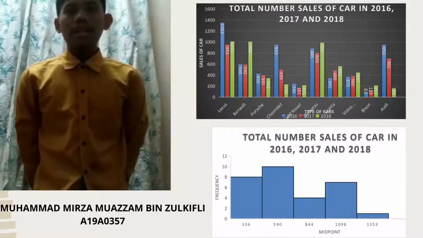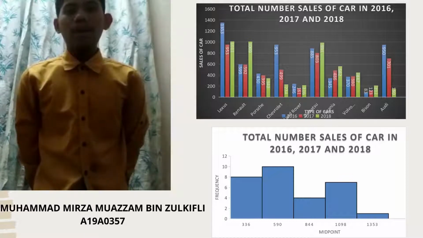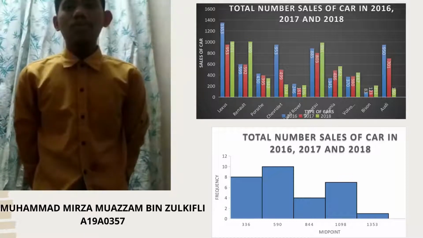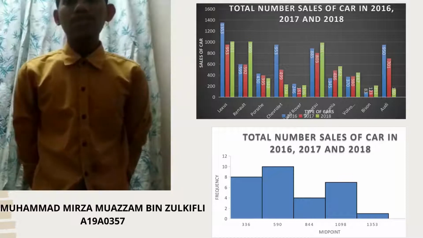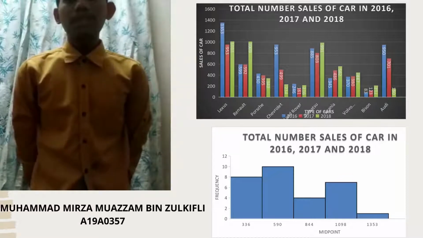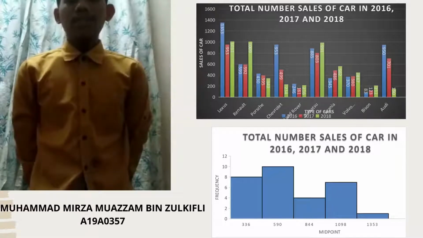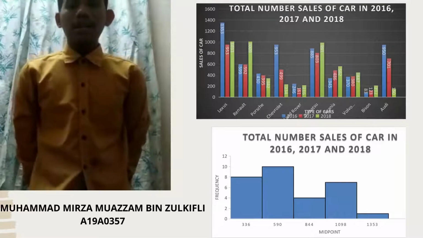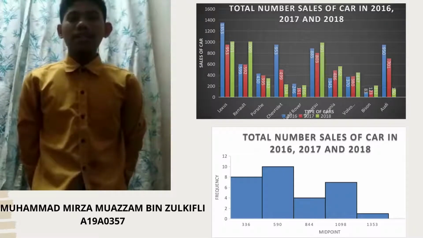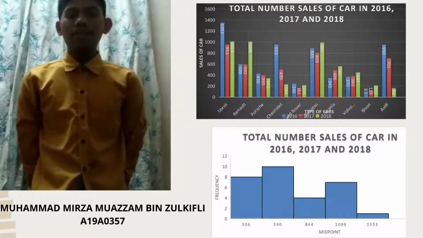We use a bar chart to present the total number sales of cars in 2016, 2017, and 2018. On the y-axis, we use type of car, and on the x-axis, sales of car.